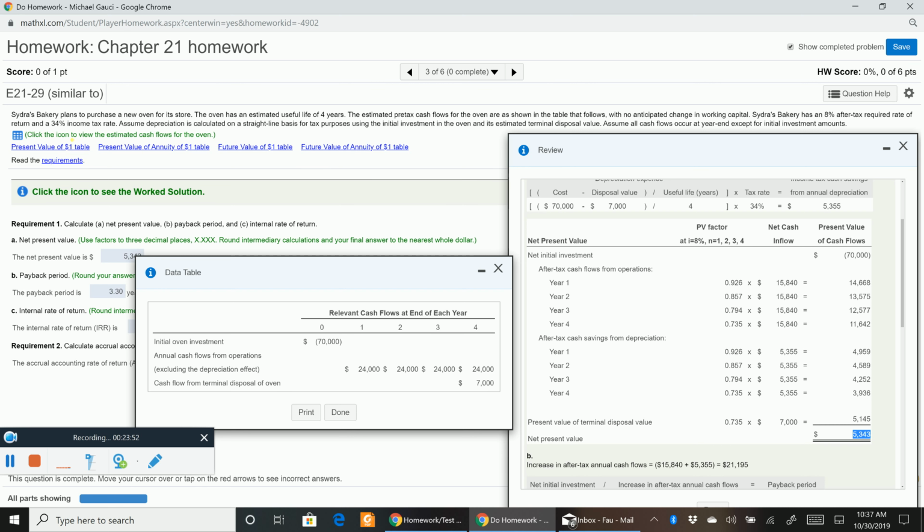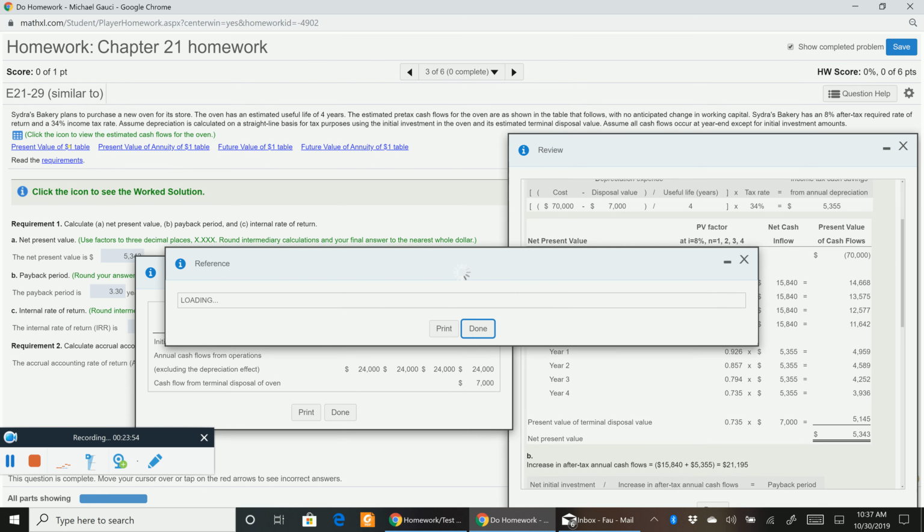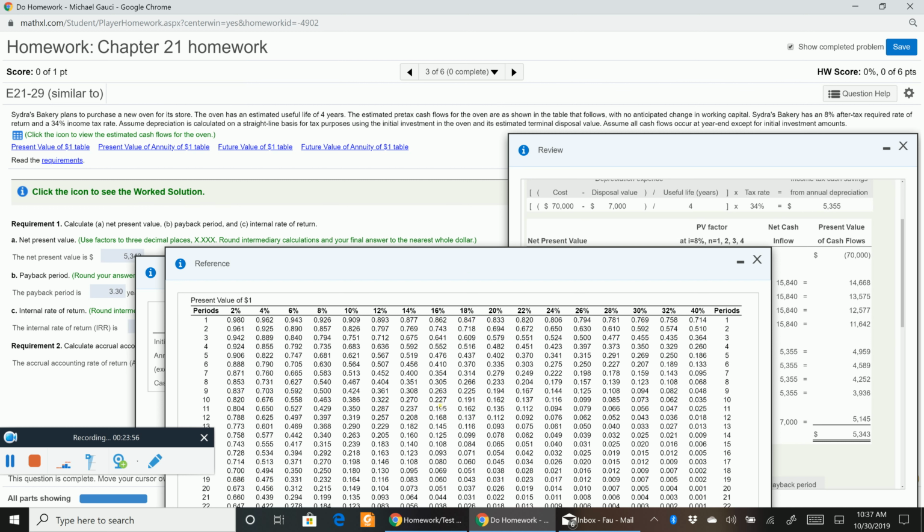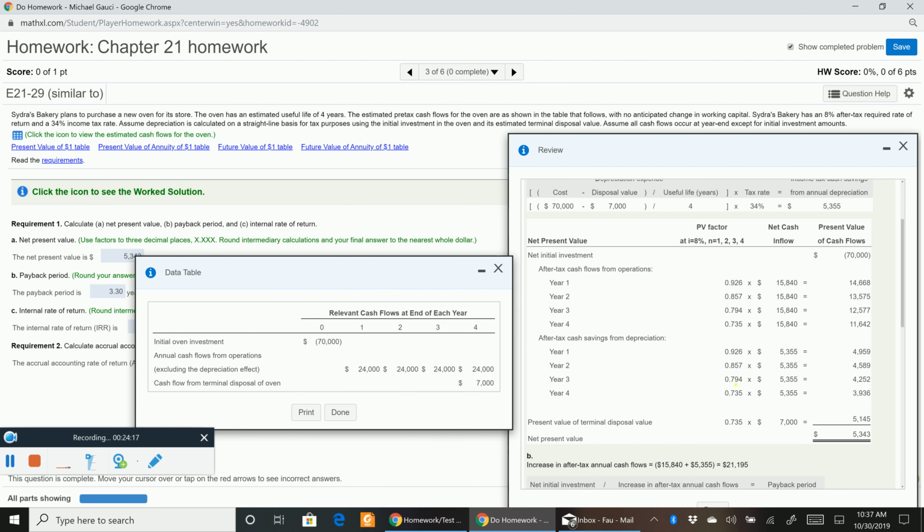They are links. As an example, let me click on the present value of a dollar table. Here are the columns up top, percentages, and the rows are the periods. So we were in this 8% column, and you can see here are the factors, 0.926, 0.857, 0.794, and 0.735 for the 4 periods in question, which are here.